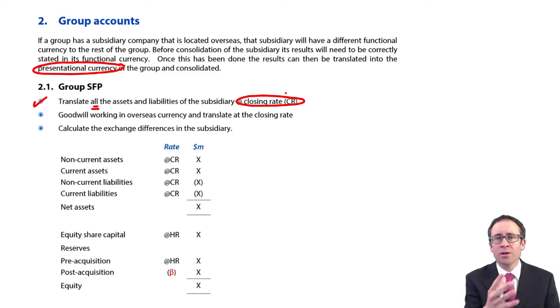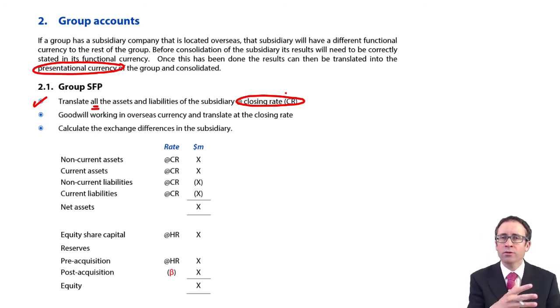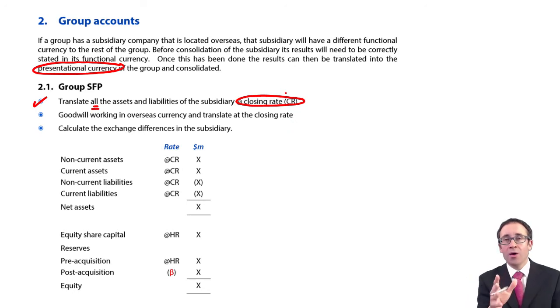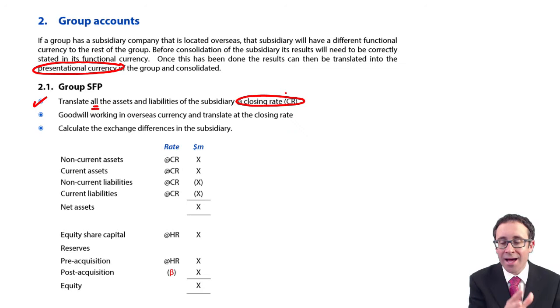So don't go back to the individual company rules that you recall from the previous sessions. We're looking here at getting the subsidiary ready for translation. Everything has to be translated from the functional currency of the overseas subsidiary into the presentation currency of the group. That's really straightforward. Translate everything at the closing rates.